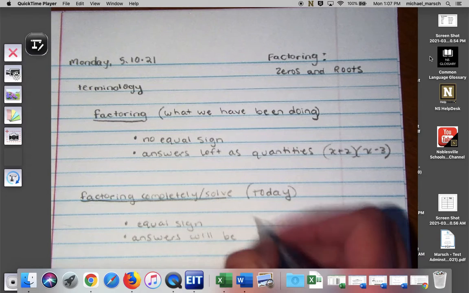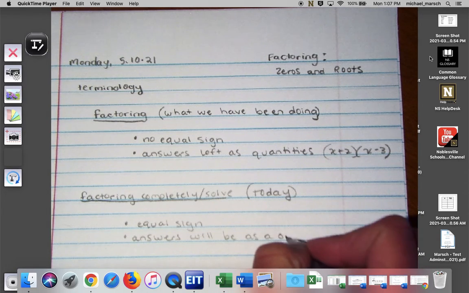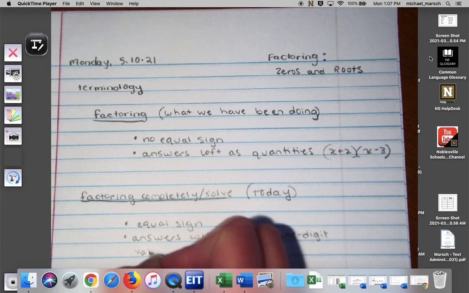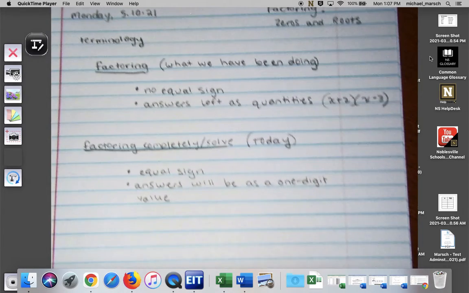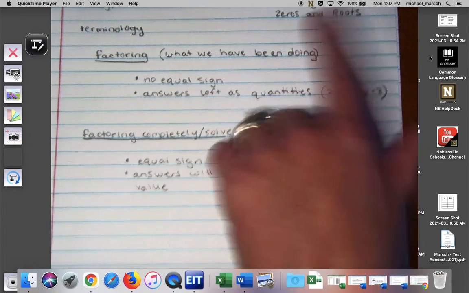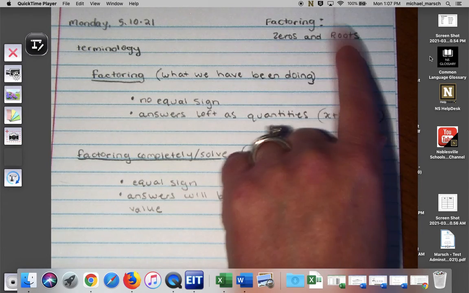Answers will be as a one-digit value. Okay, so you already have the skills. You know how to factor things. Now we're just taking it one step further, and what we're finding are what's called the zeros or roots.